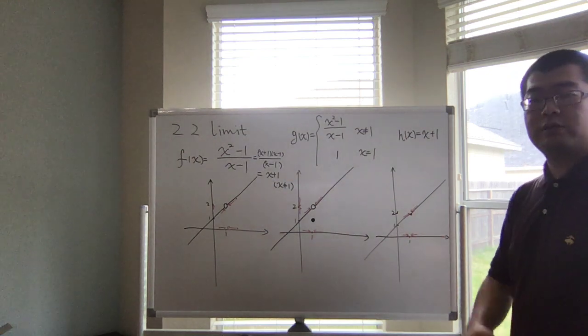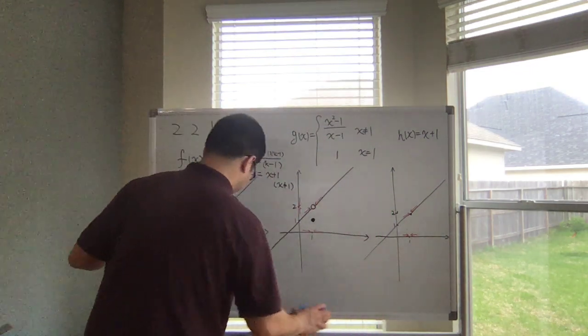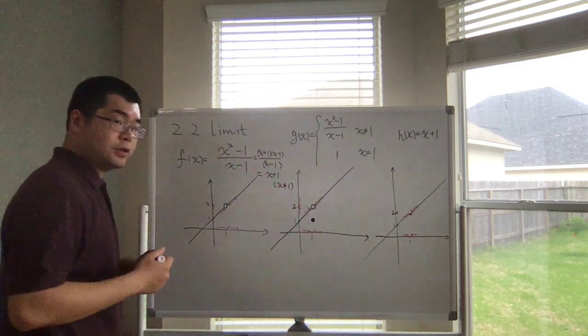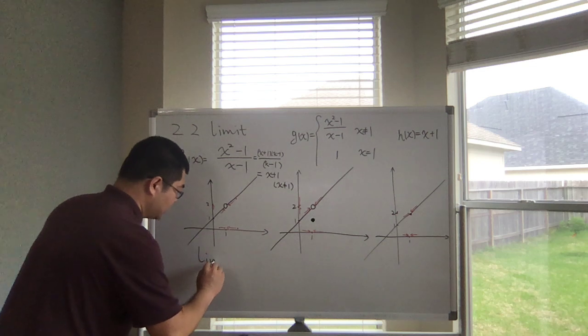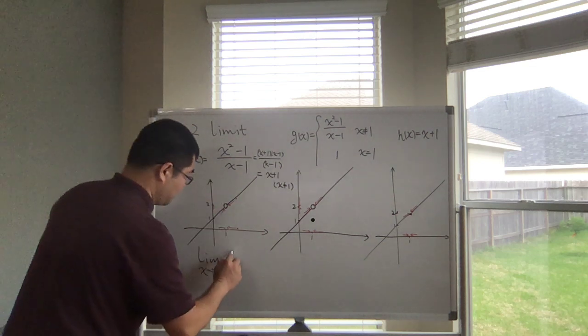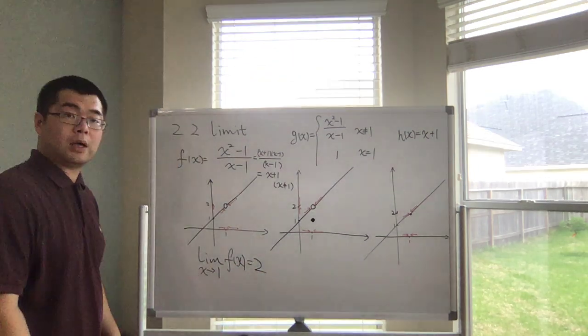Okay, so this is what we can see. First of all, let me put a notation here, guys. This is what we can write. Limit, lim as x approaches 1 of f(x) equals 2, okay?